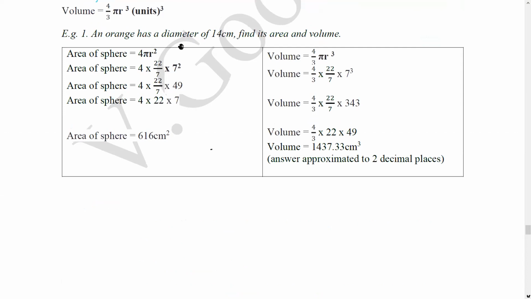So if you square 14, you will get 196. However, if you are given the diameter and you find half of it, which is 7, and you square 7, you get 49. And of course, 196 and 49 are two different things, so your answer will be totally different. So if you are given the diameter, you cannot use the diameter. You have to half it and get the radius.